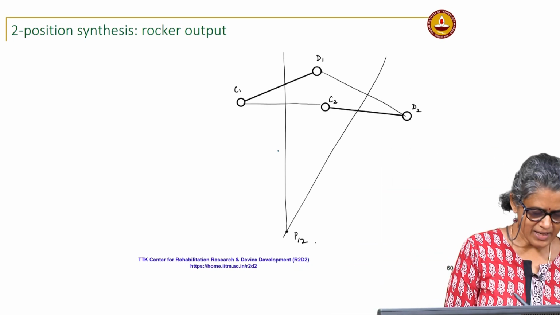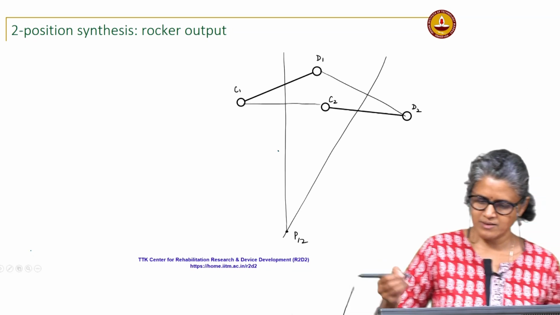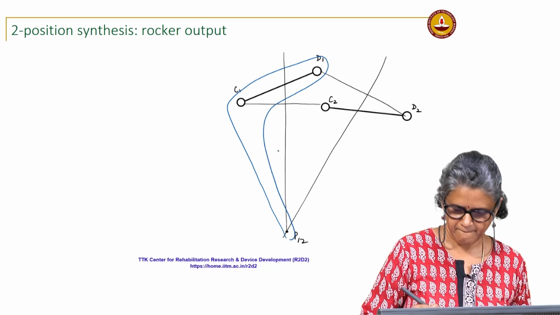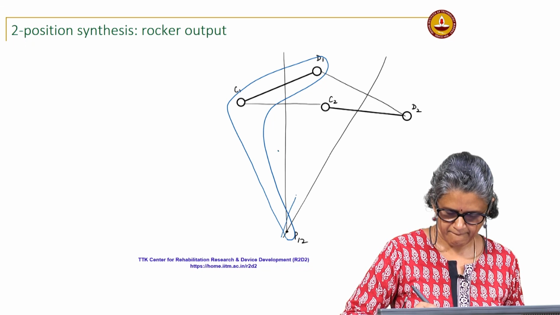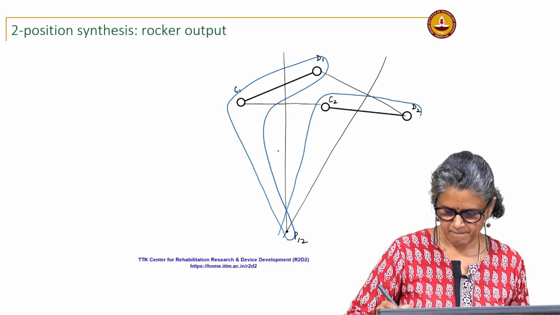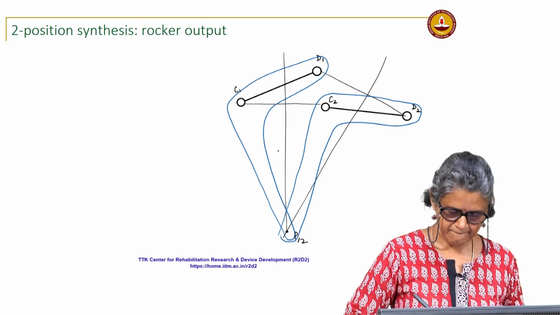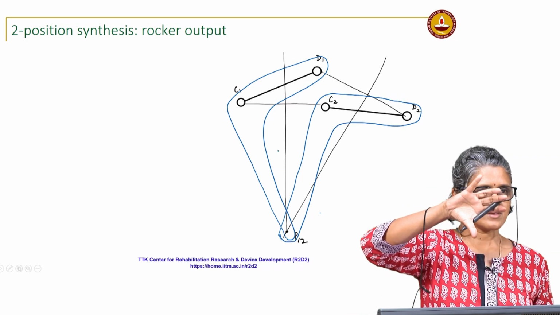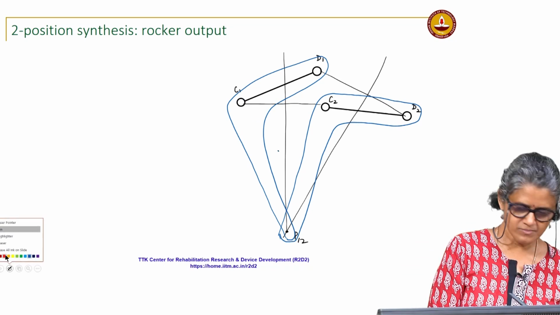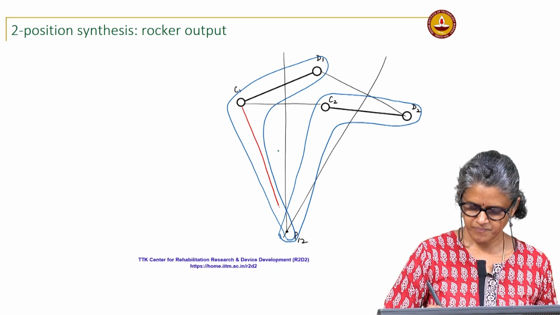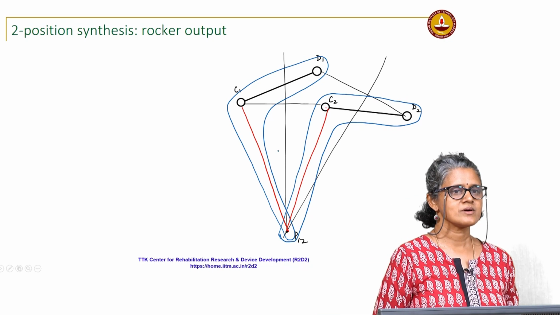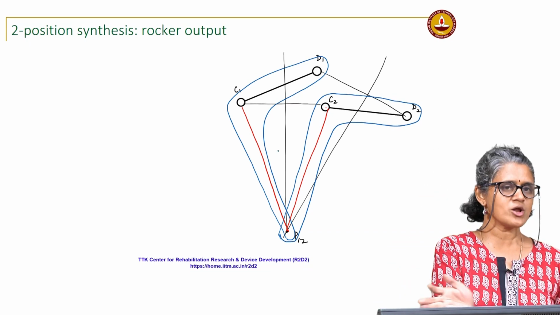So, essentially this problem becomes moving this rocker, P1 to C1 to P1 to C2, because if this line moves here, it is all part of the rigid body.